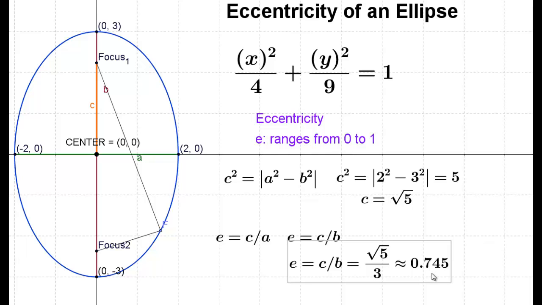That's approximately 0.745. Remember, your eccentricity is always going to be between 0, which is a circle, to 1, which is a very eccentric ellipse. If you get a number that's not between 0 and 1, you've made a mistake. So our ellipse is fairly eccentric with an eccentricity of 0.745.